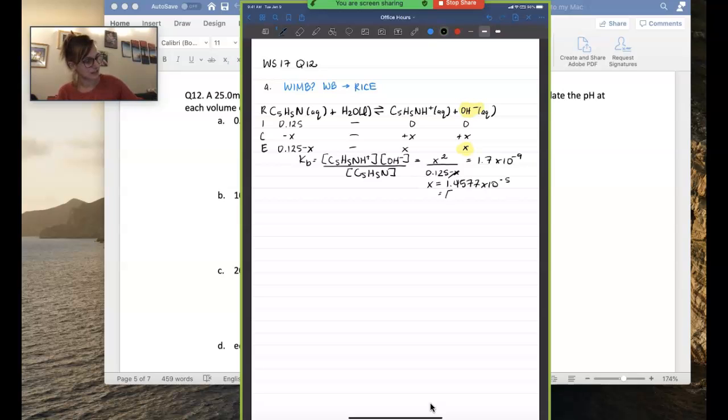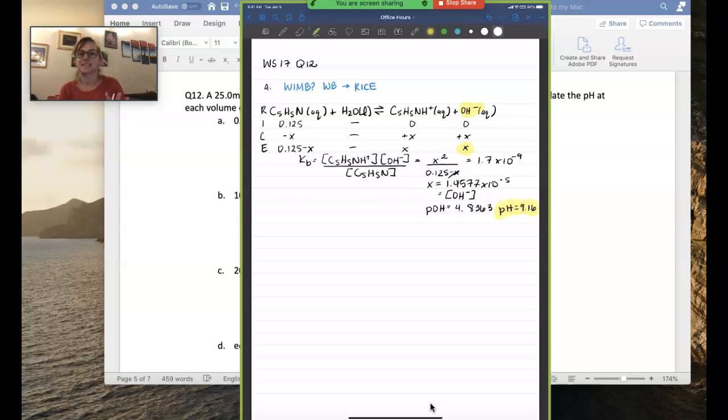So this is equal to hydroxide. From there, you can find the pOH, which is the negative log of the hydroxide ion concentration, so 4.8363, and then the pH is equal to 14 minus the pOH, and so that is 9.16.